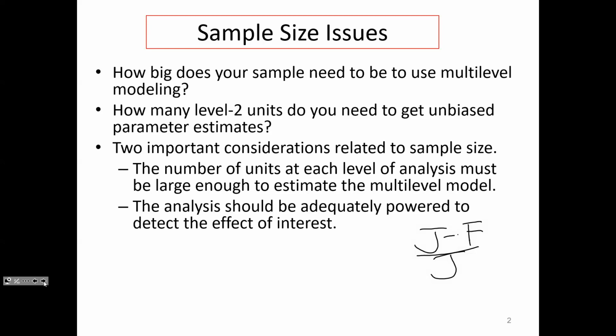If you have 1,000 clusters, it really doesn't honestly matter whether you use REML or FIML, because you're going to get basically the same estimates of the variance components. But when you've got less than 50 clusters, you're going to find that REML is going to really outperform FIML.